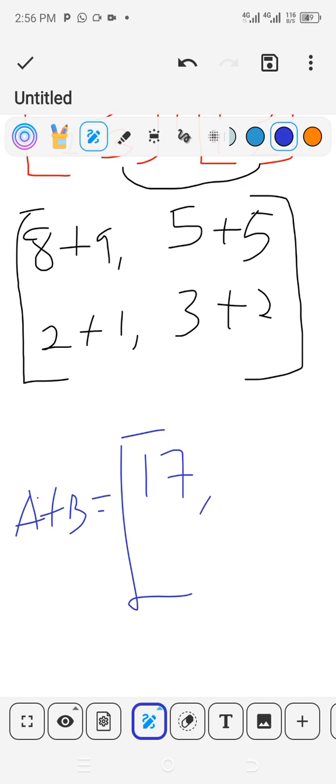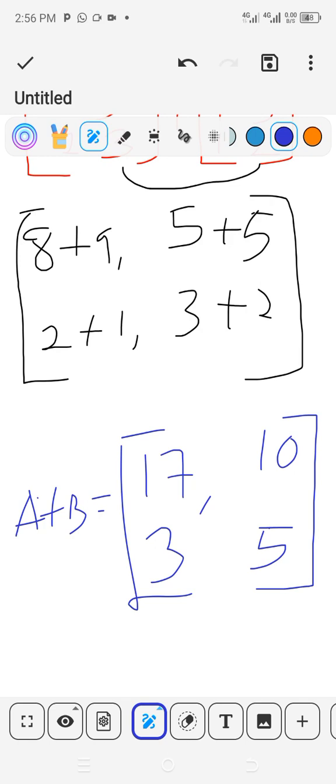We have 5 plus 5 gives you 10. And you come to the next one. You have 2 plus 1. It gives you 3. And 3 plus 2 gives you 5. And you're done with the solution.